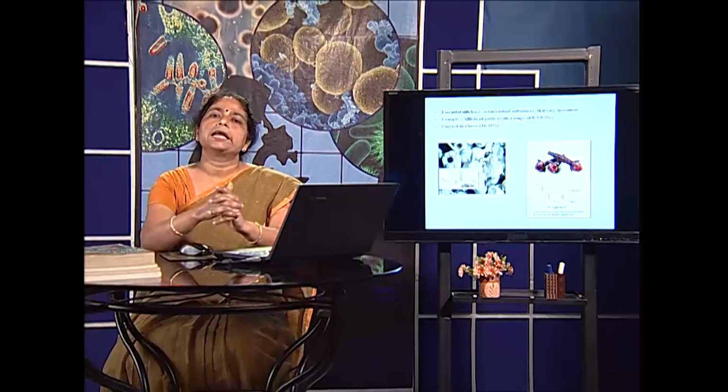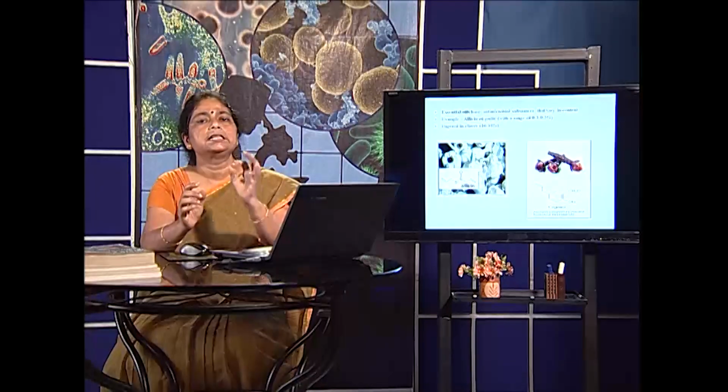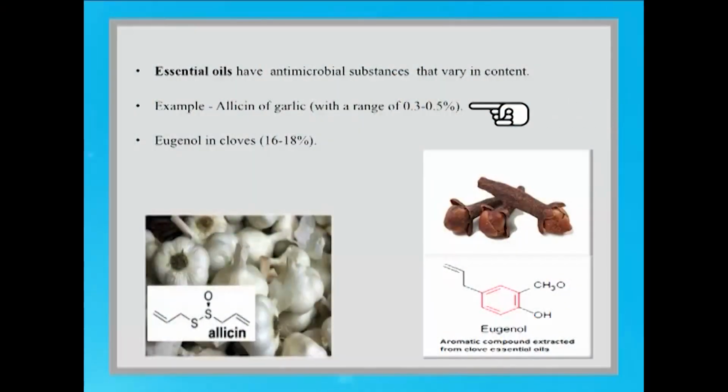Coming on to the essential oils, these oils are present in the plant material in a very minute amount, and the concentration of these essential oils varies. For example, the allicin, which is present in garlic, is found at a concentration of 0.3 to 0.5%.